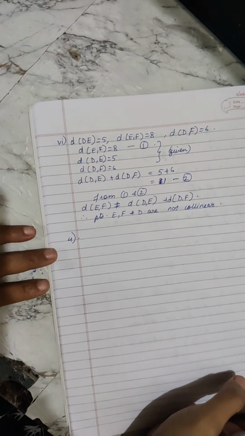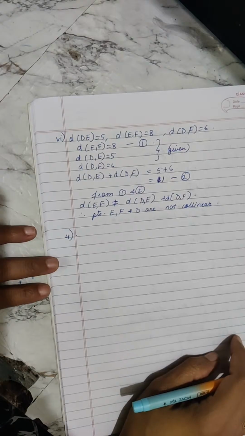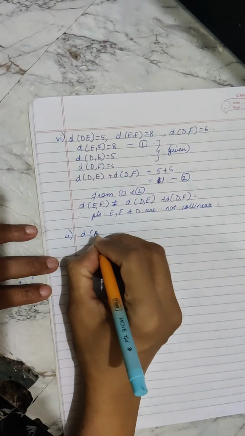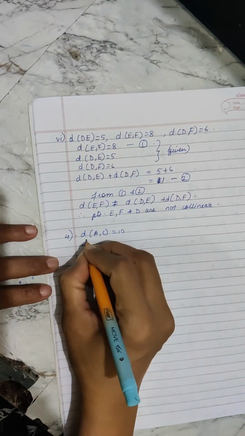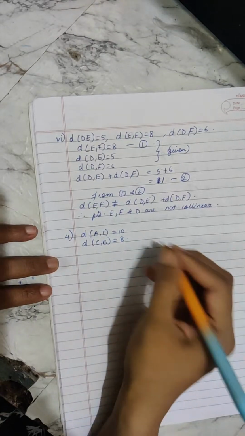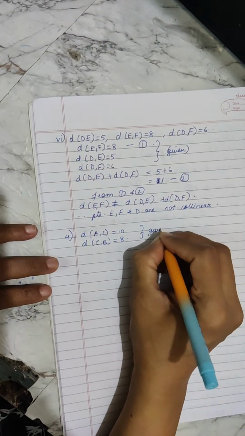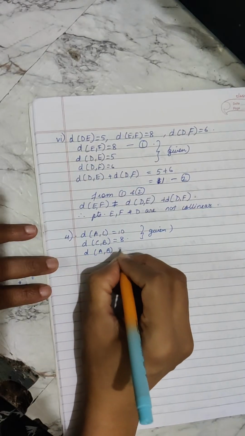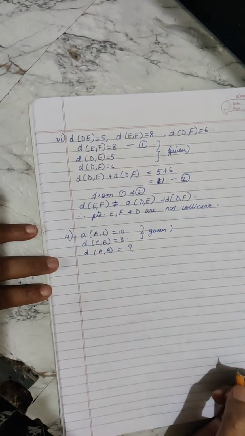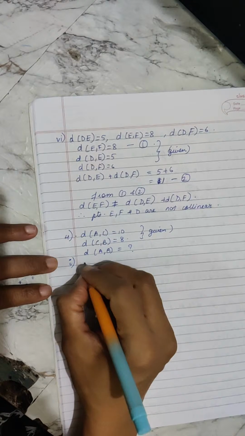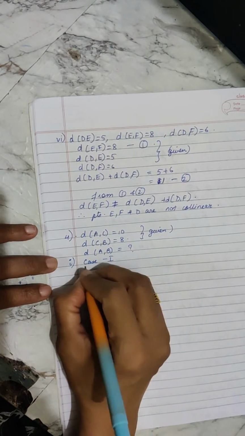On a number line, points A, B and C are such that distance AC is 10, distance CB is 8. Okay, now this is given to us. You have to find distance AB, considering all possibilities. So we'll take the first possibility and mark it as case 1.